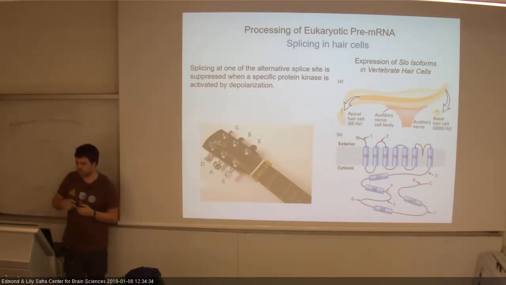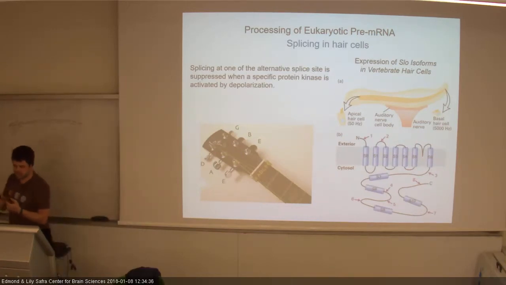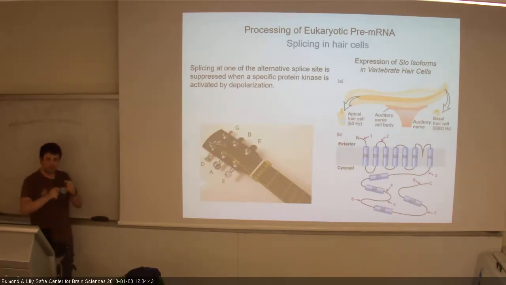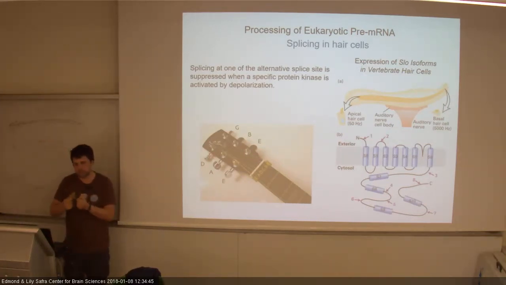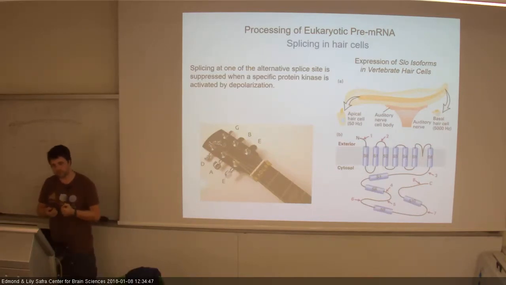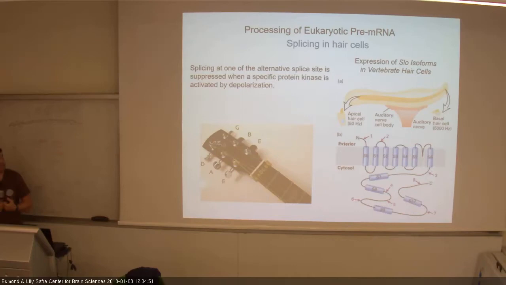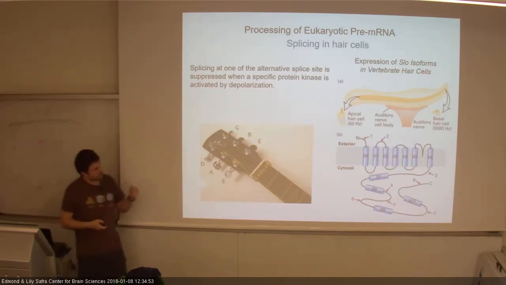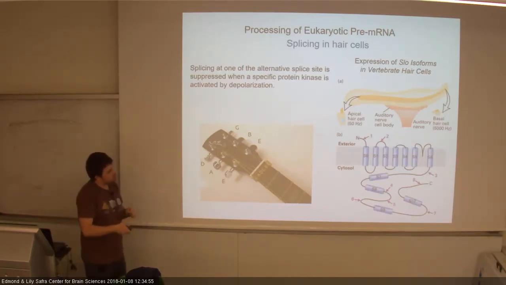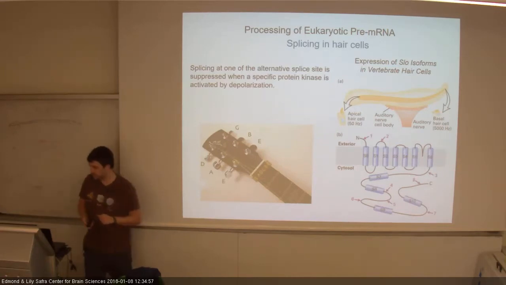And this alternative splicing will cause the entire cell to be less sensitive or more sensitive to the concentration of calcium, thus fine-tuning the cell to a specific frequency according to the activity of the cell. So it's a very complex molecular feedback loop that sits on the regulation on the level of splicing.